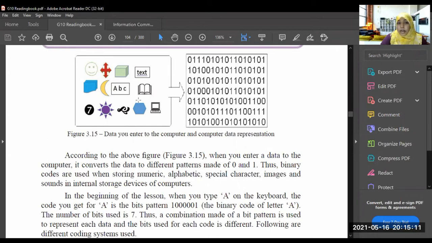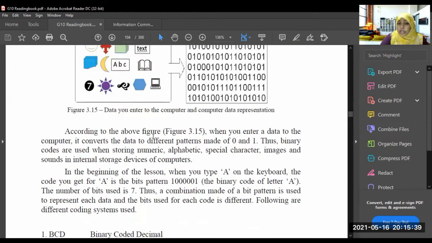But you know that the computer doesn't understand human language. So what it does is convert this human readable data into computer understandable data, and that is binary numbers.